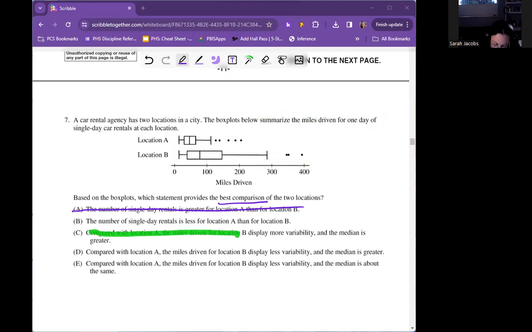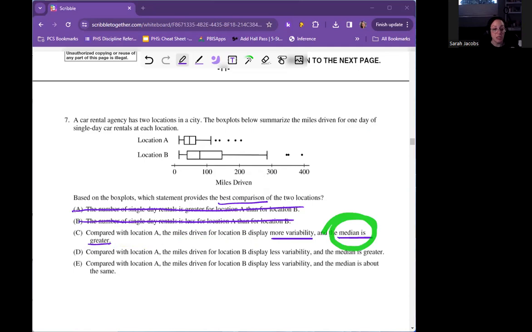Same thing, the number of single-day rentals is less for location A than for location B. This is about the miles driven, not the number of rentals, so that's out as well. Compared with location A, the miles driven for location B display more variability and the median is greater. Okay, so let's check that.